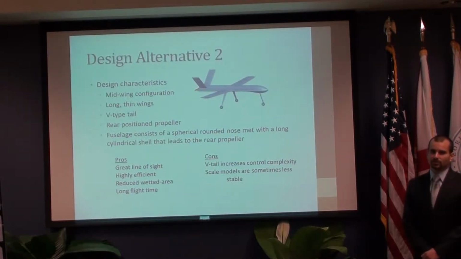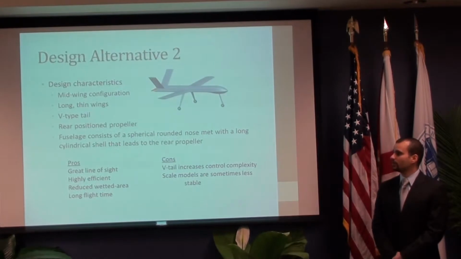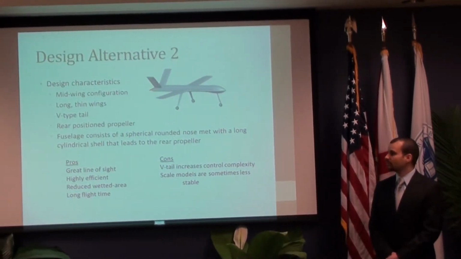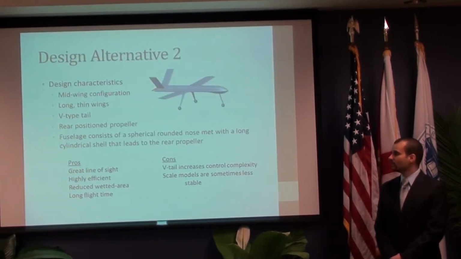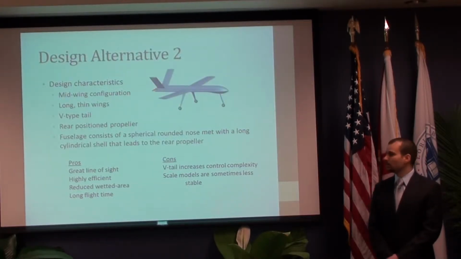The second design alternative was based off the General Atomics MQ-9 Reaper drone, which is currently being used by the United States military, the several branches, and by other government and non-government organizations across the world. This design features a mid-wing configuration with long, thin wings, a V-type tail, a rear position propeller, and a fuselage consisting of a spherical rounded nose met with a long cylindrical shell that leads to the rear propeller.